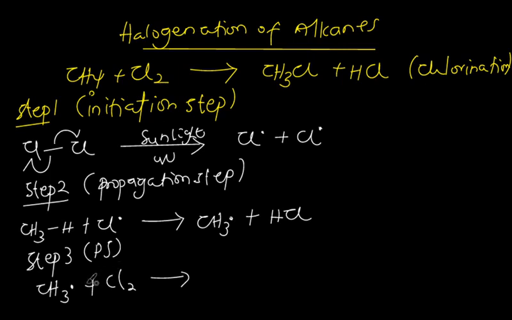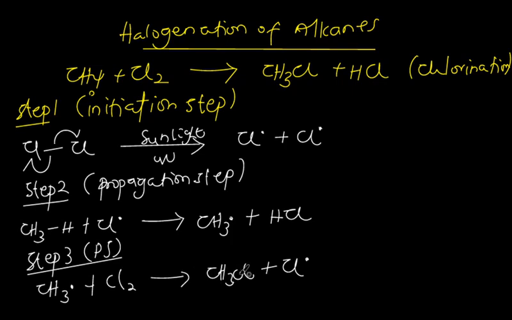So the methyl radical over here now attacks another chlorine molecule in the solution to form what? CH3Cl. The methyl radical picks one chlorine and then gives the electron to the second chlorine in the solution. So we now have chlorine radical being produced again.